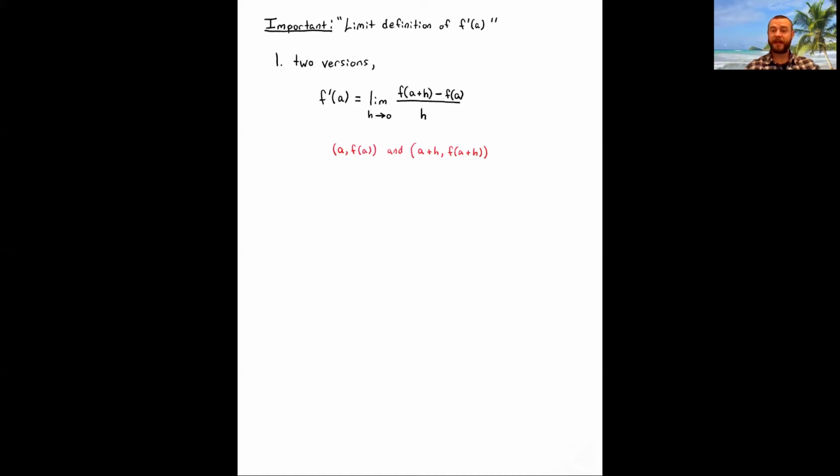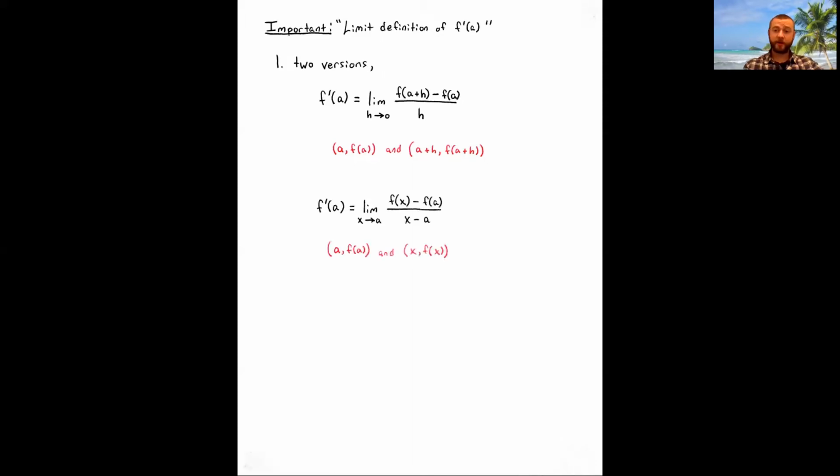It's the limit as h approaches 0 version. And this works, but sometimes it's good to have more tools in your toolbox. So we're going to have an alternate version, which is equivalent. It's basically different notation, but still the same concept: calculate the slope of the secant line, and then take a limit.